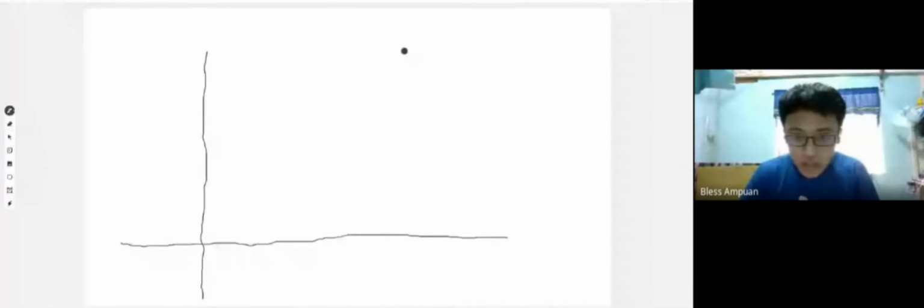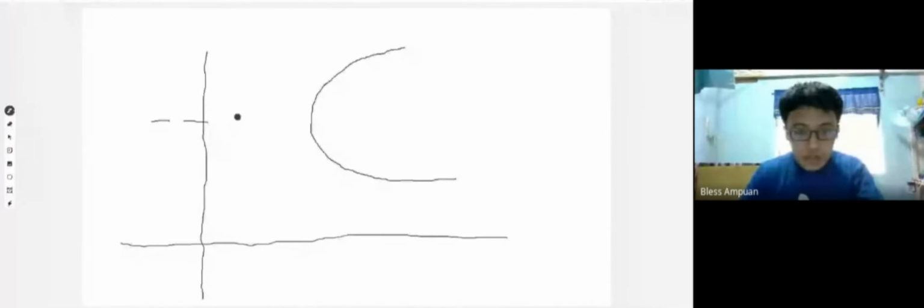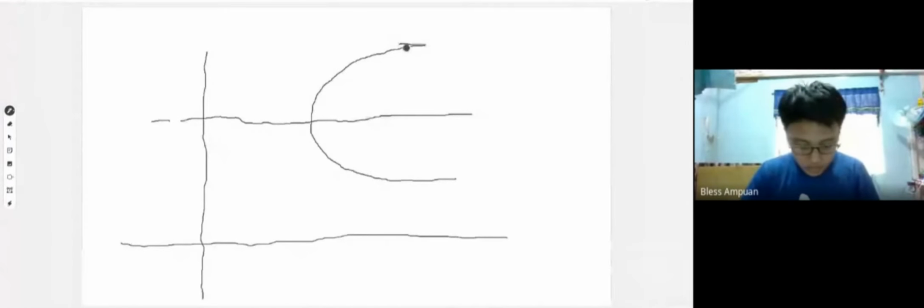If this is our vertex, isn't this our vertex? And the point from the vertex to this one is our focus.